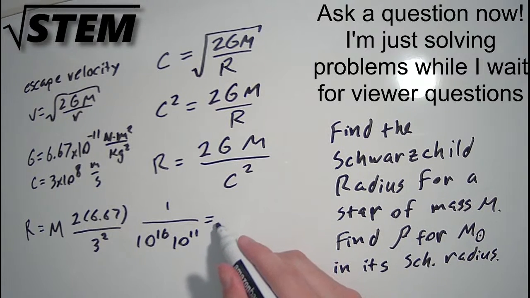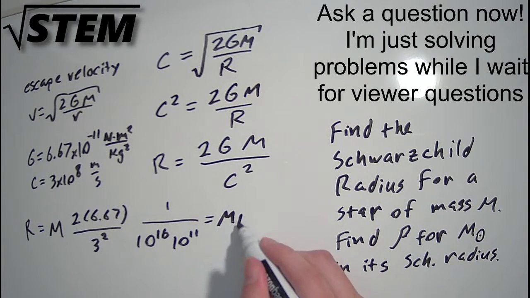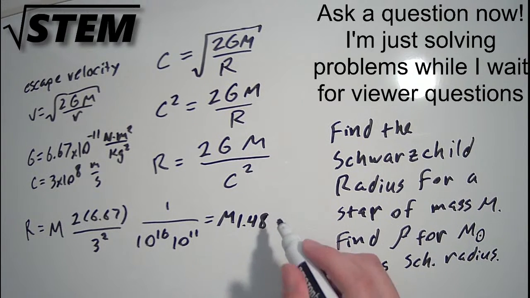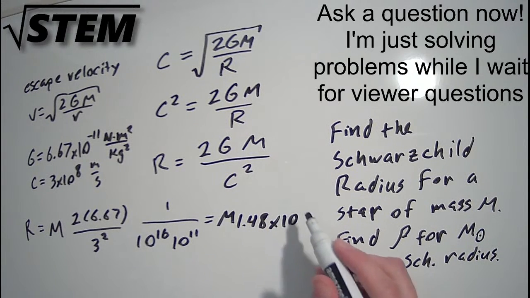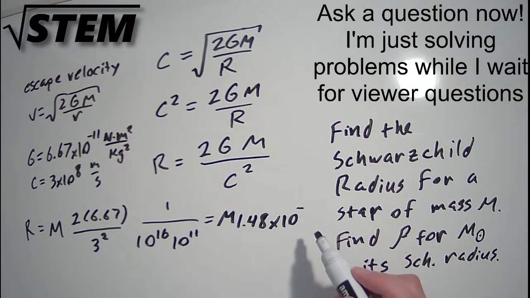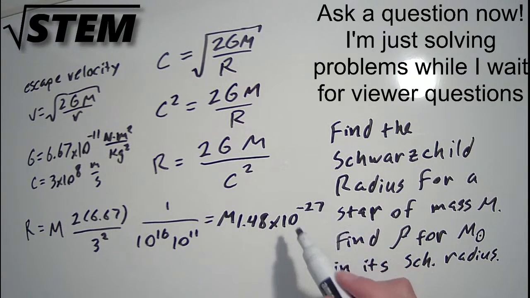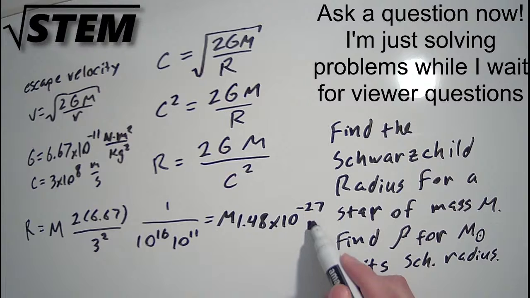That's going to be m times 1.48 times 10 to the negative 27th meters.